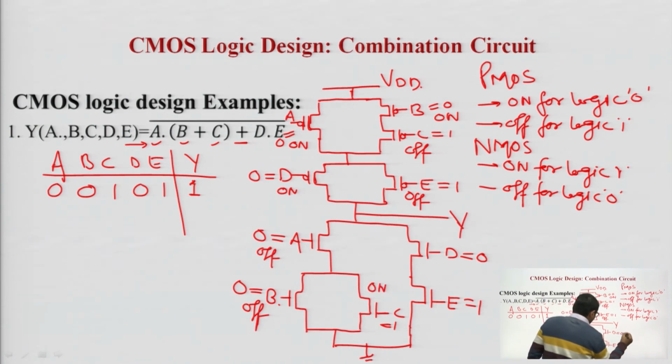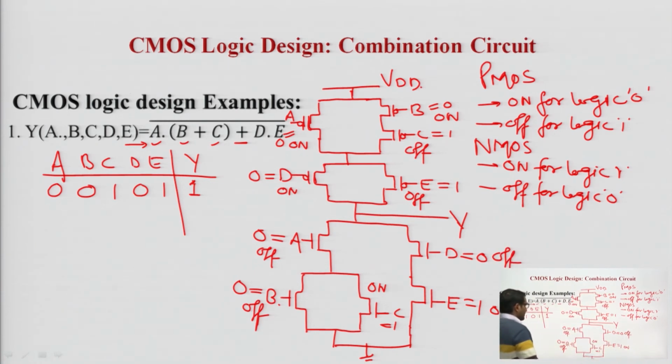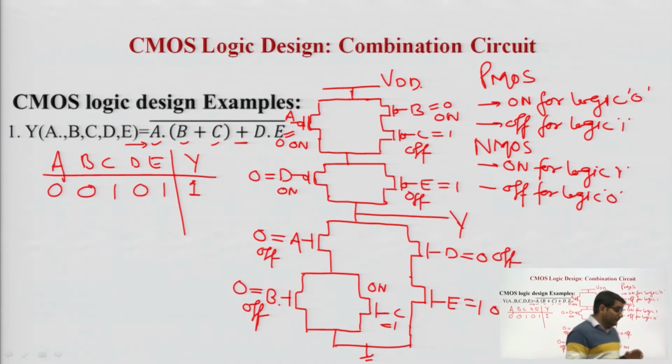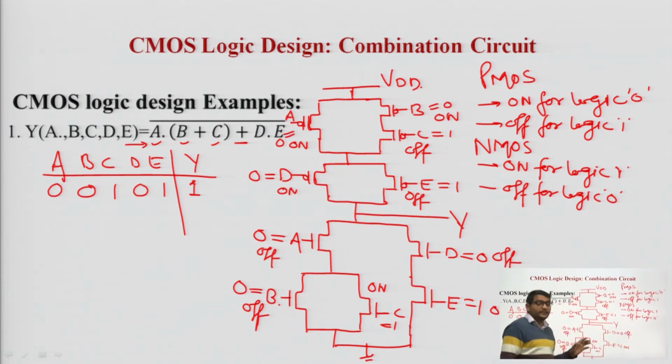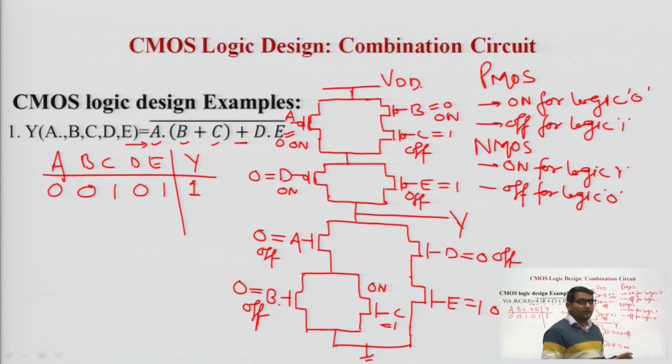This is on, this transistor will be on, this is off. So if a MOSFET is in the on condition, it behaves as a short circuit, and off means it behaves as an open circuit.